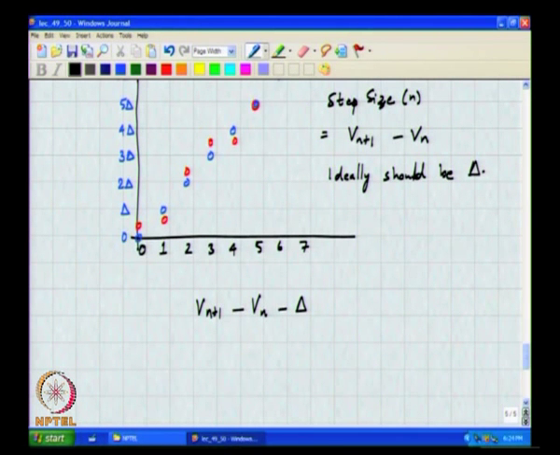If you want to compare different converters, it makes sense to not talk about the absolute deviation, but the relative deviation, in which case you normalize it to the step size, and this is called the DNL at code n.